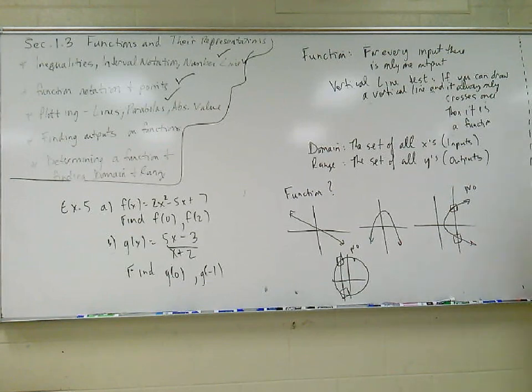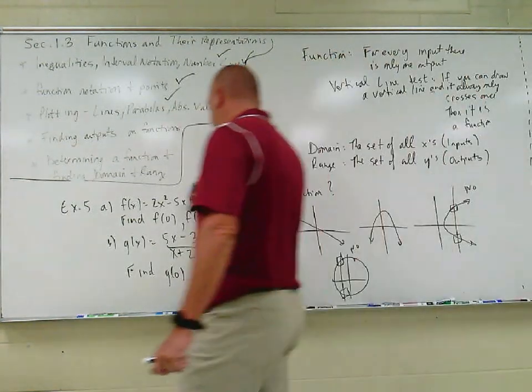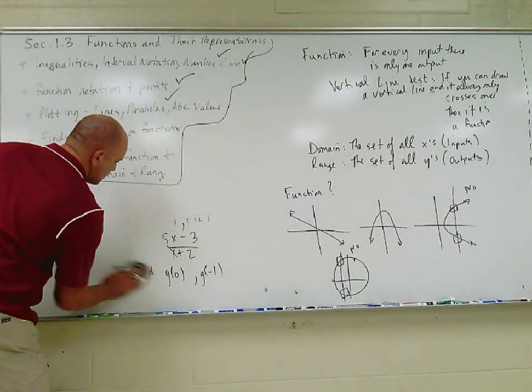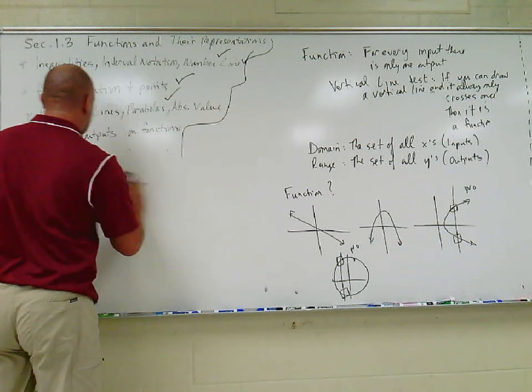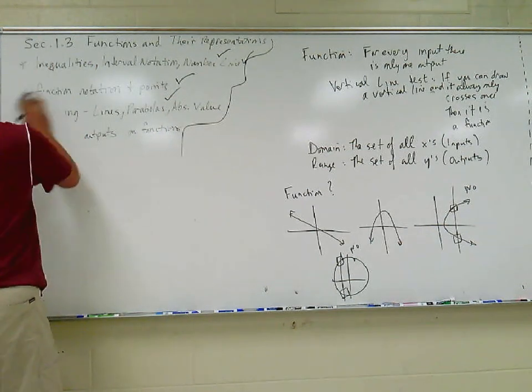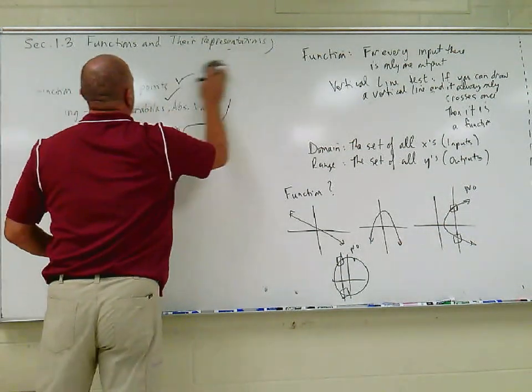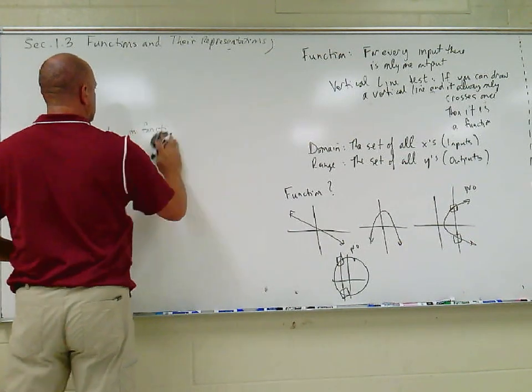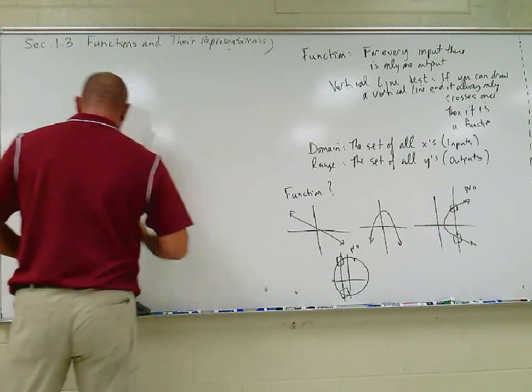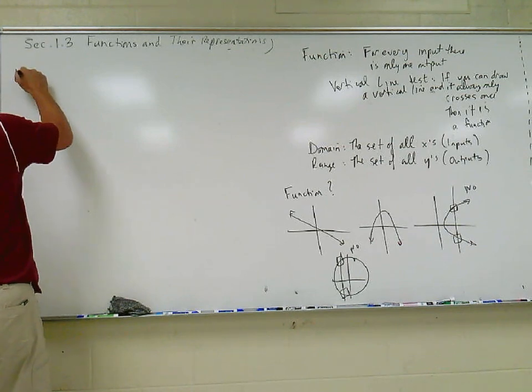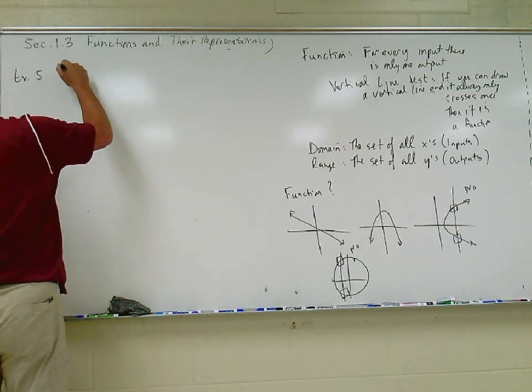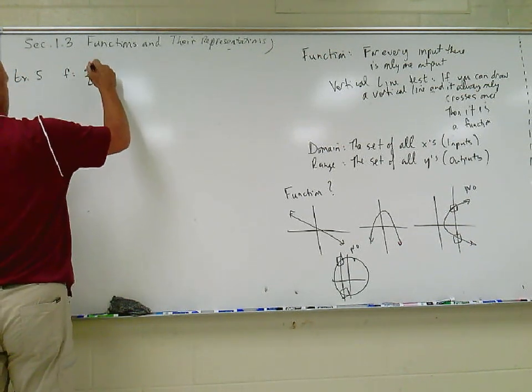All right, so, erase our goals because we've hit all of our goals for today. Now, if I give you a function that's a set like this, so let's call this, I think we're ready for example 5. So let's just say this is f, but I give you these ordered pairs.